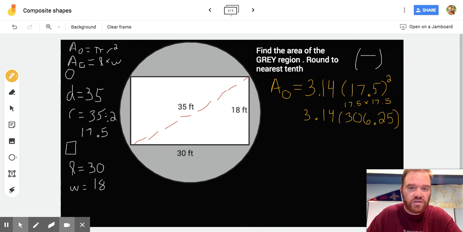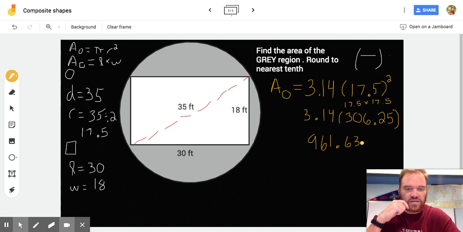It's a tool, but you could also do it longhand. When I do that, I get 961.625.